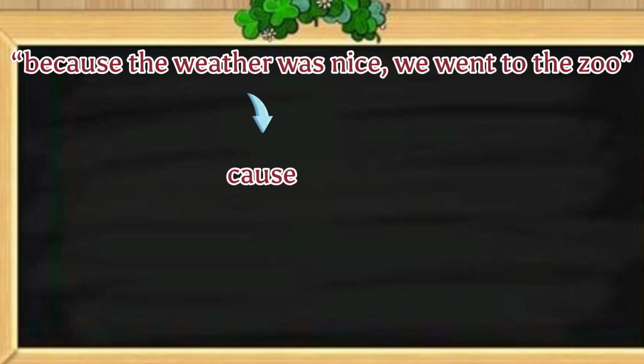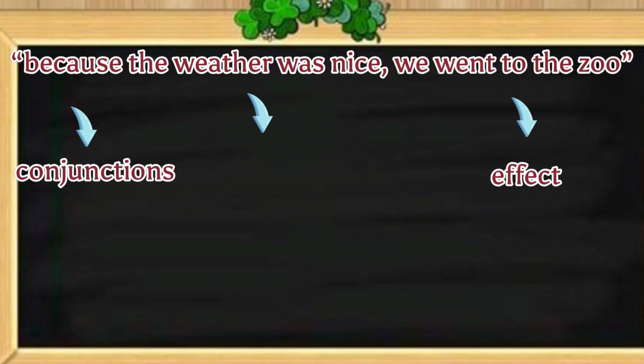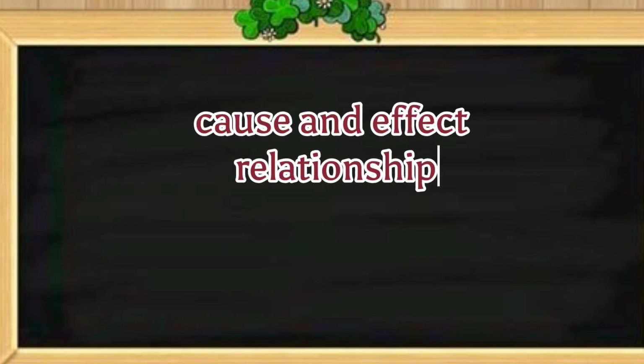The weather was nice is the cause, while we went to the zoo is the effect. Whereas here is a conjunction, also called a sentence connector or connecting word, which makes the two clauses have a cause and effect relationship. Okay, like that. Now we will learn how to make it.